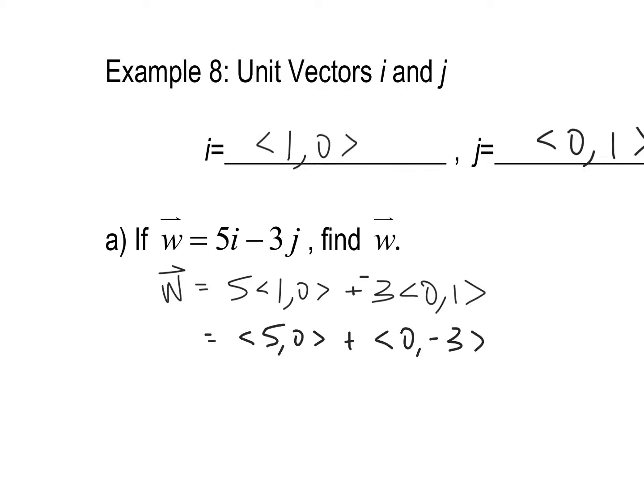And I also know how to add vectors together. So 5, -3. And this is almost like, why did we just go through that? Because look, 5 becomes the first value and the -3 becomes the second value. It's just practice using those unit vectors and verifying that that's where a vector like this comes from, 5i minus 3j.